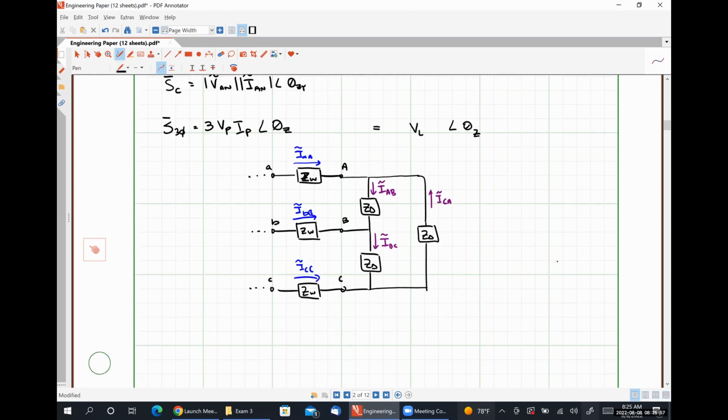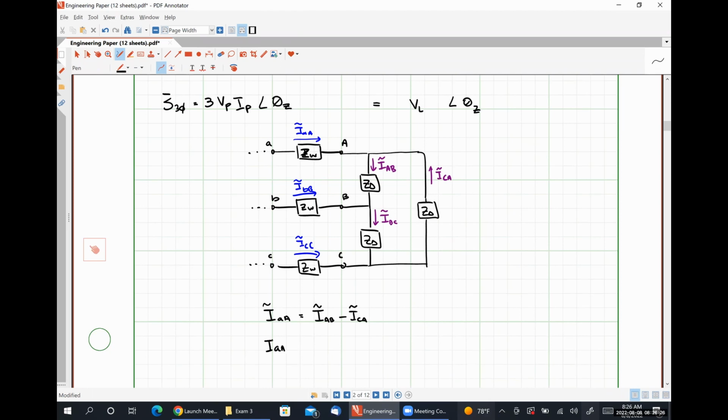What we will find is that we have a current of IAA flowing in from the left, and then we have a current of IAB minus ICA flowing out into our load.